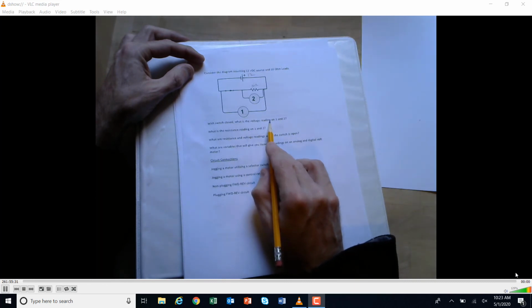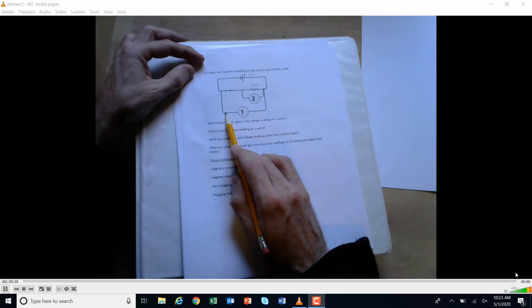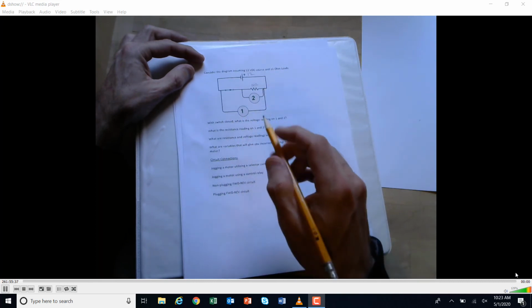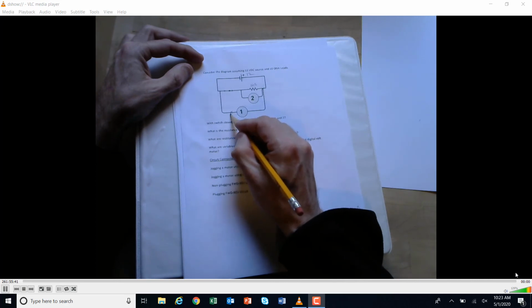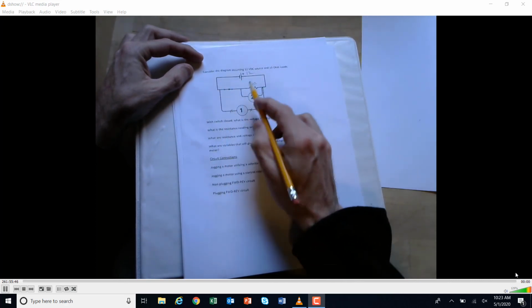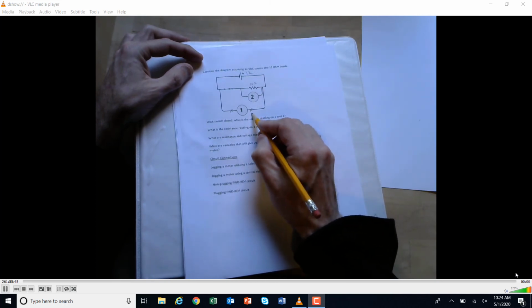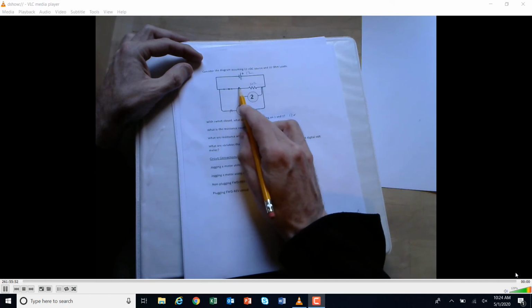What's the voltage reading on 1 and 2? So I got plus here, and I'm coming outside, I got 1 here. So if I checked the voltage between here and here, I've got it plus to minus, I would get 12 volts, right? And same one on this one, when the switch is closed.